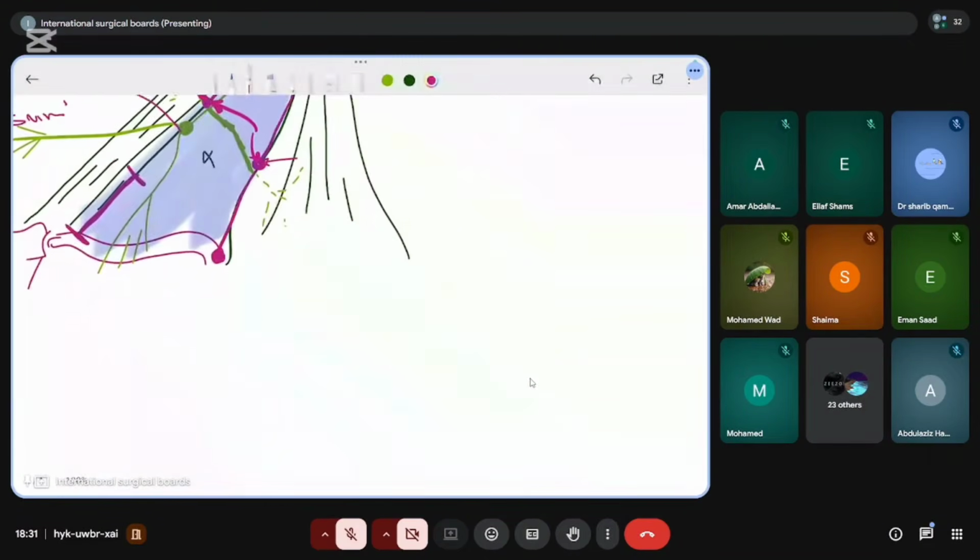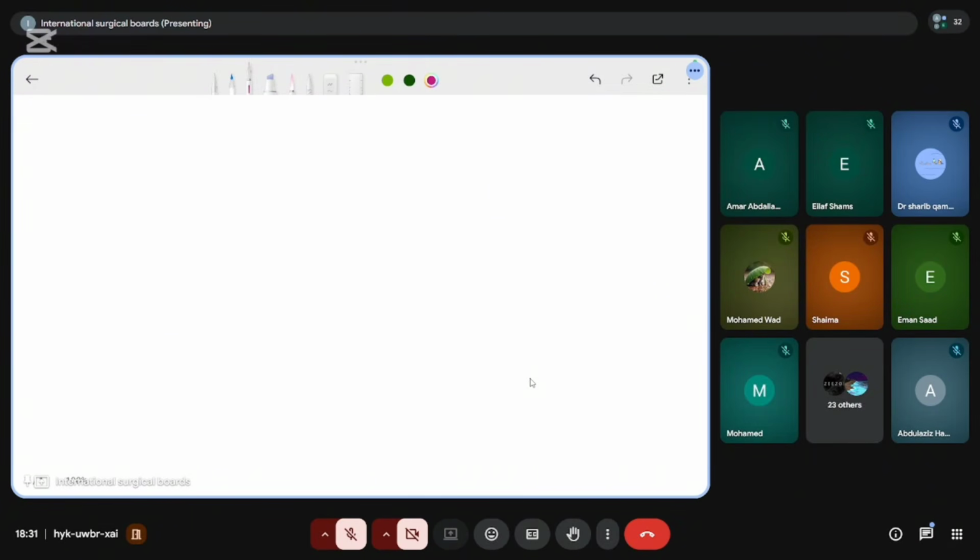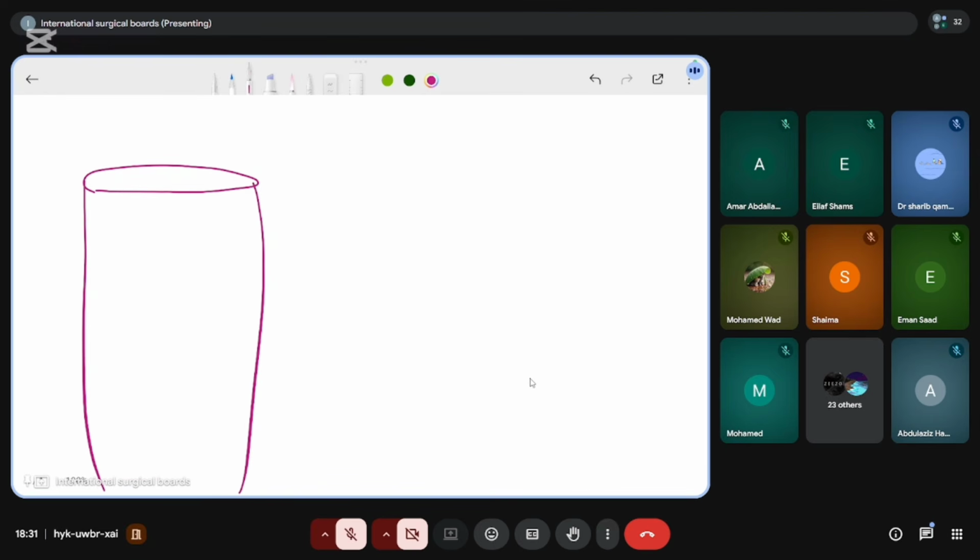I'll be the simplest possible. You know that's spinal cord, okay? And you must know that if you take a section in the spinal cord anywhere from T1 to L2, you will see lateral horns. But if you take a section above T1 or below L2, you will not see a lateral horn.